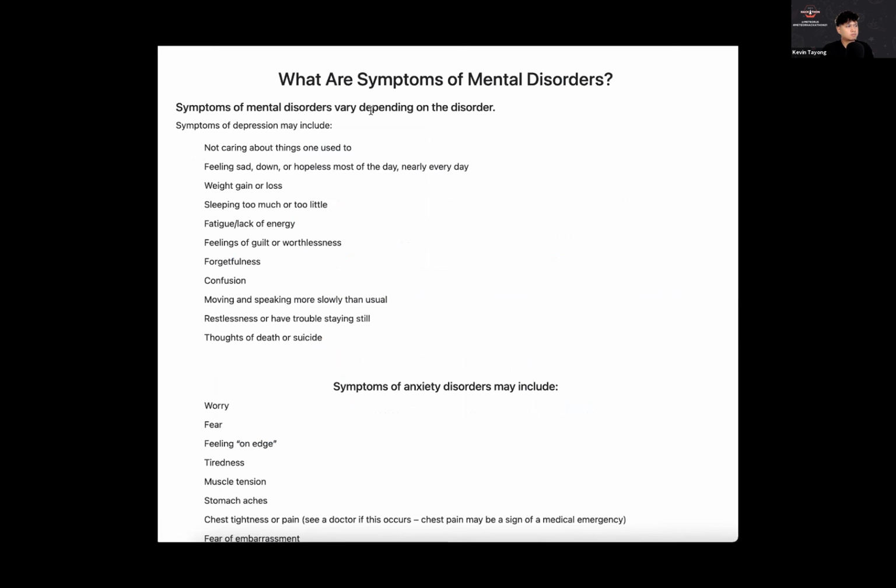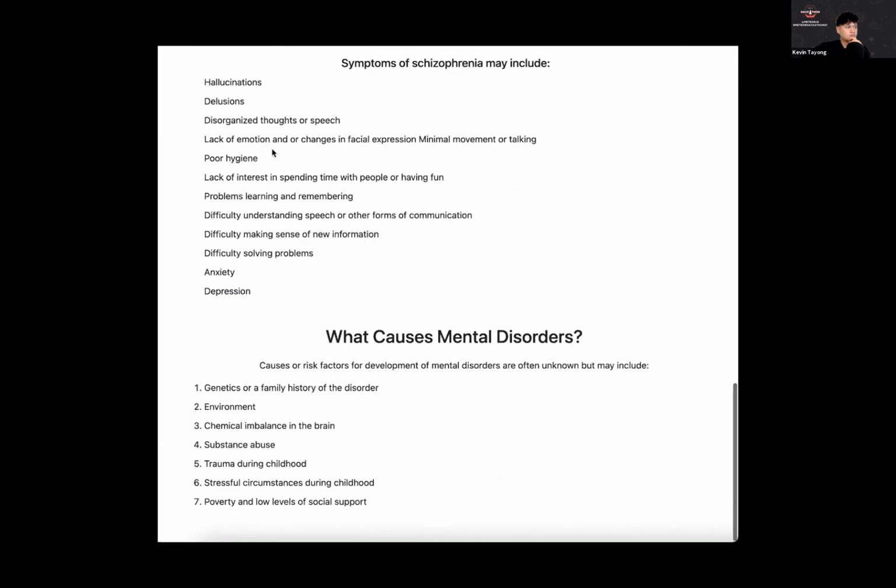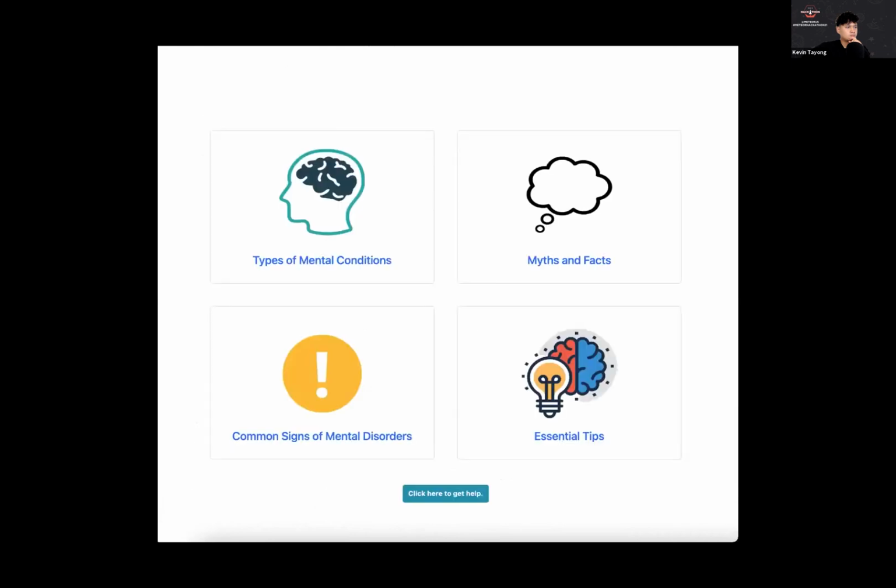This includes the different symptoms that you may experience, categorized in terms of the mental health condition, like depression, anxiety, bipolar, PTSD, schizophrenia, and it also includes the causes of mental disorders, which there's a list over here.